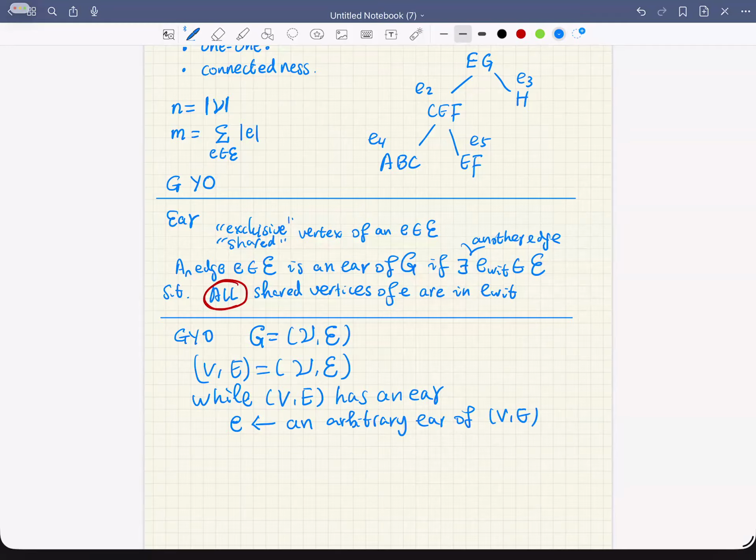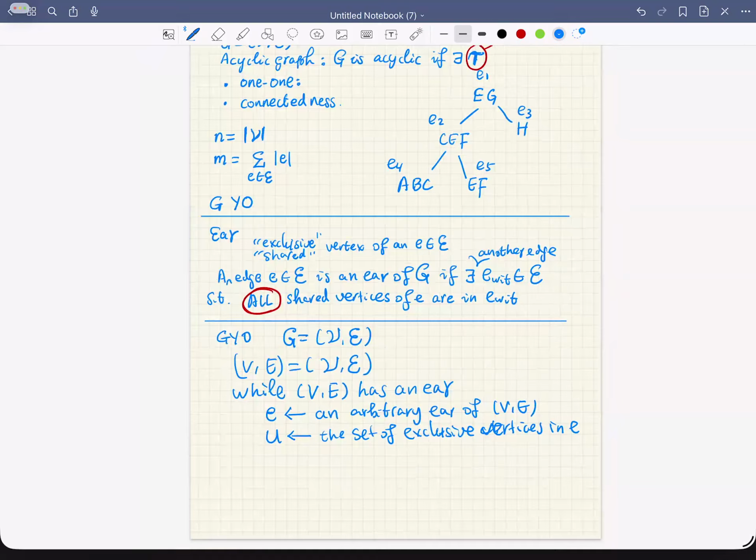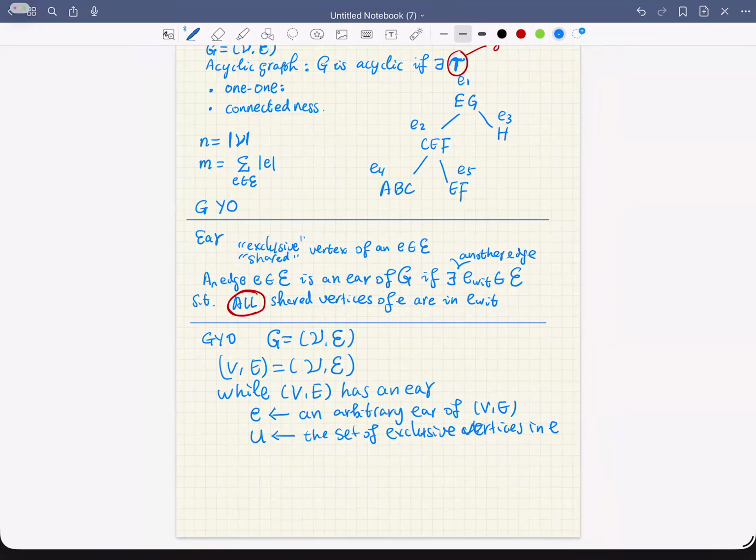This is the ordinary graph, the ordinary VE. Take the exclusive attribute, so let's say U, sort of like unique. Exclusive. This is the set of exclusive vertices in the ear. That's fair, because this exclusive vertex concept applies to any edge, so it applies to an ear as well.